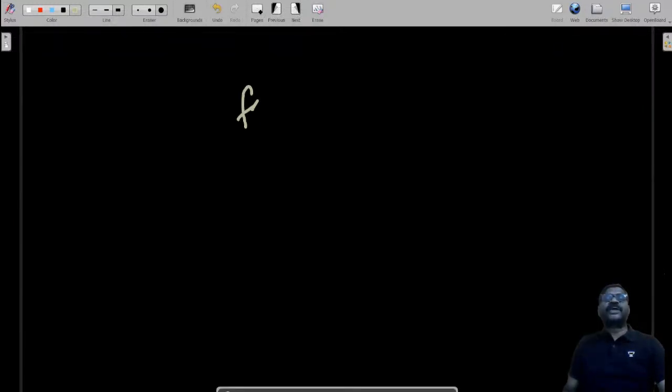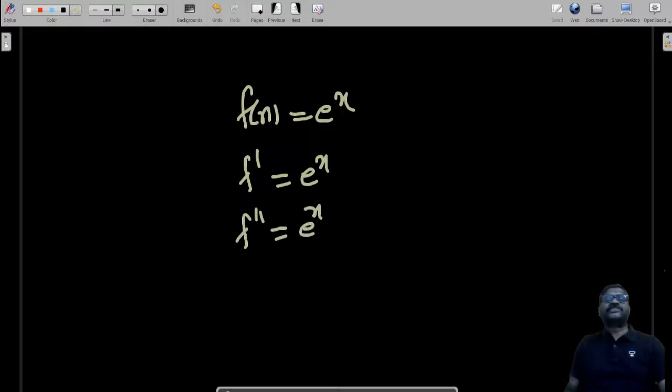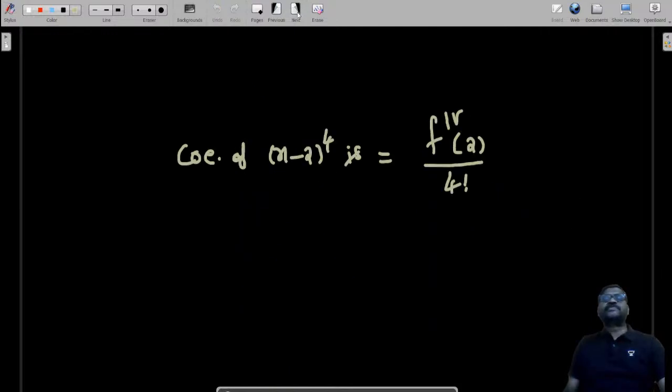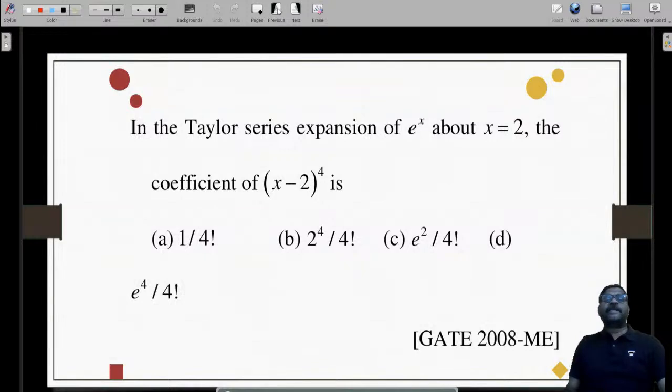Now f of x is e power x, f dash x is e power x, f double dash x is e power x, f triple dash x is e power x. Fourth derivative of f is e power x. Fourth derivative of f at 2 is e square, so the coefficient is e square by 4 factorial.